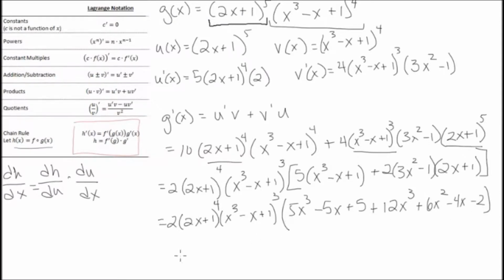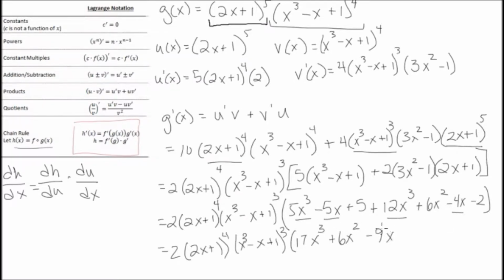I can then combine like terms, again not doing anything to the first part of the expression. I'm taking my x cubes and combining them. I get 17x³. I have only one x² term. I take my x terms and combine them. I get minus 9x. And I take my constant terms and combine them, plus 3.